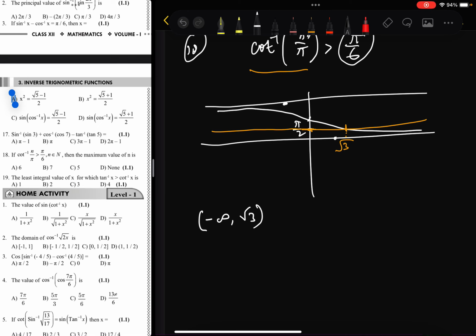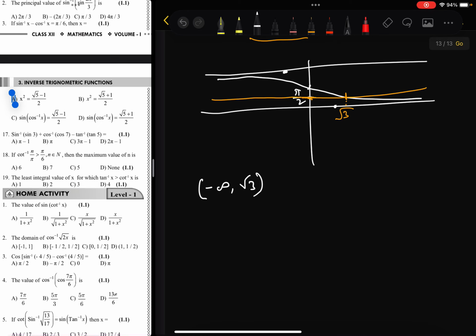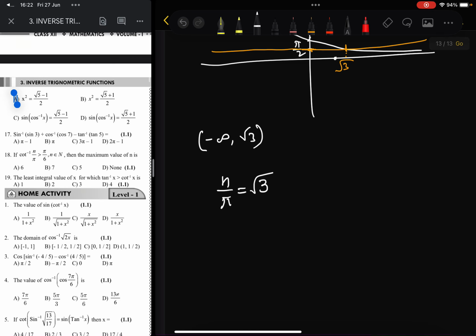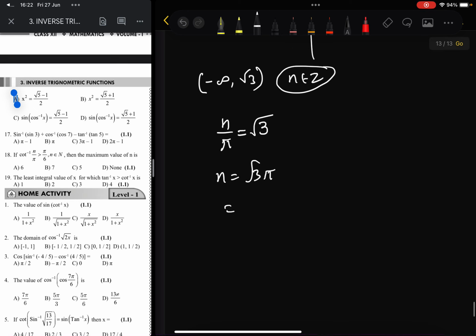So what do we need to find? We need to find the maximum value of n. So here n by pi is given as root 3, right? N by pi is root 3. Here n belongs to integer. So n is equal to root 3 times pi, that is equal to 1.7 into 3.14.